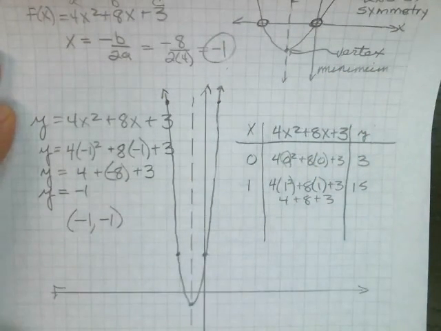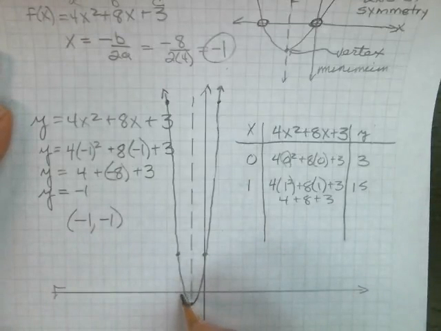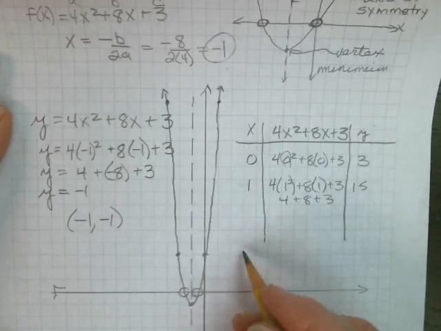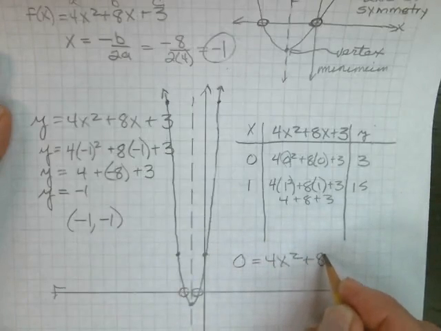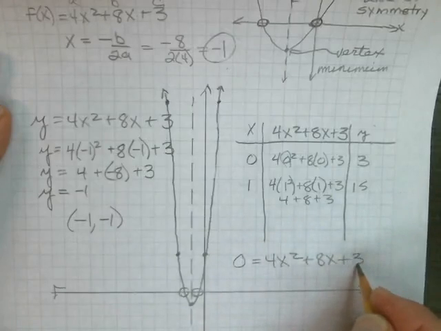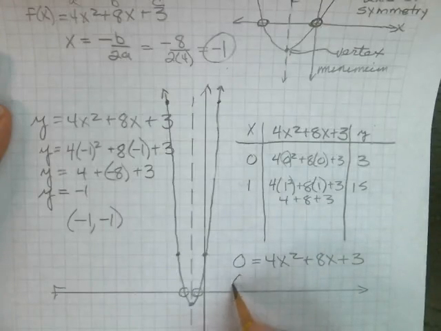Now, the other thing I'm going to show you is, let's look at what these roots mean again, because remember I said those are the solutions to this equation. So there's that equation. Now, I can solve that equation by factoring that.